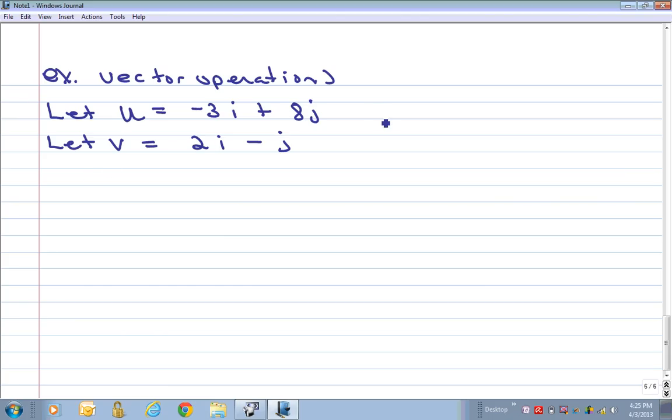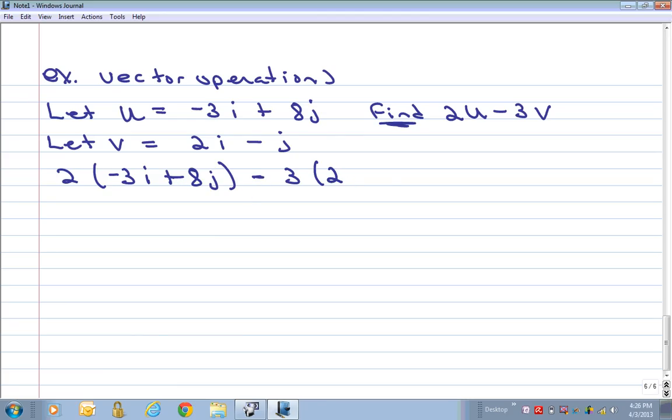And we're supposed to find 2 times u minus 3 times v. All right, so the first thing we're going to do is 2 times u, so 2 times negative 3i plus 8j. And we're going to subtract from that 3v, which is 2i minus j.